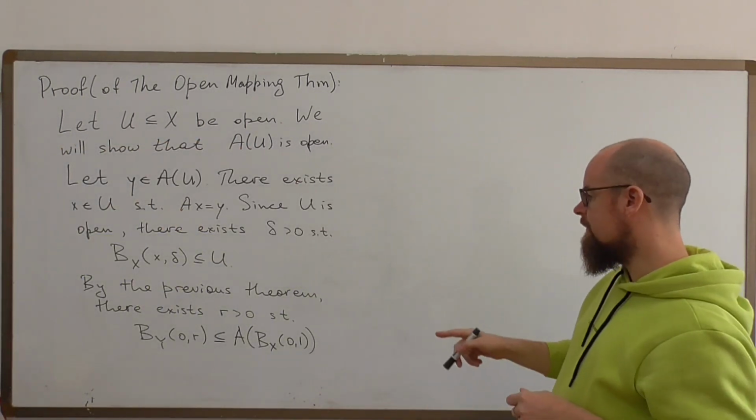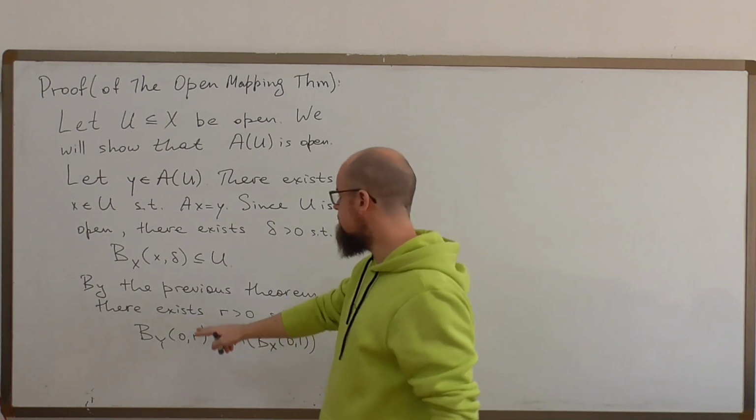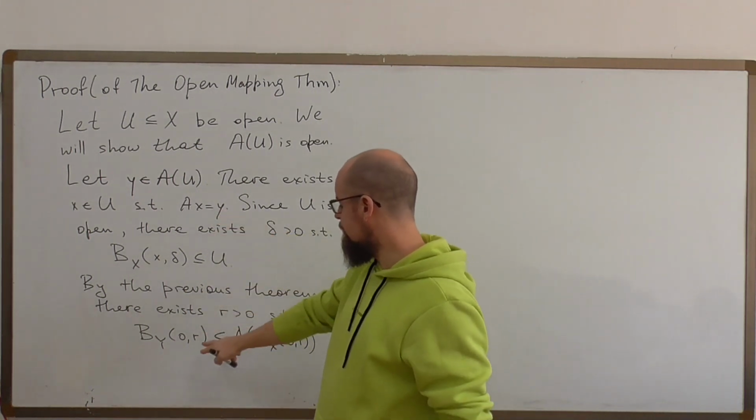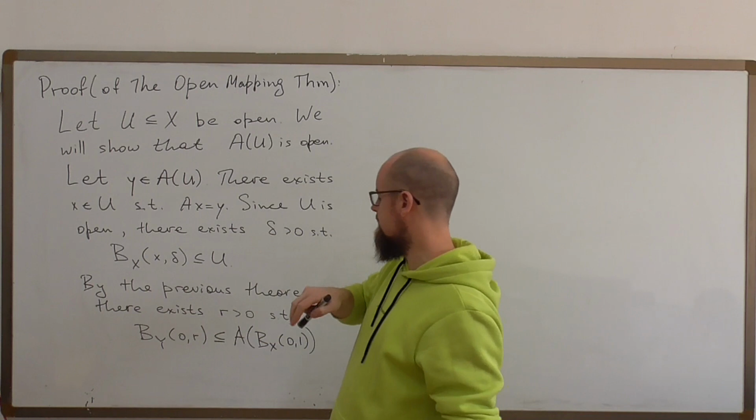Let us now consider the open ball in Y centered at the point y and of radius R times delta.